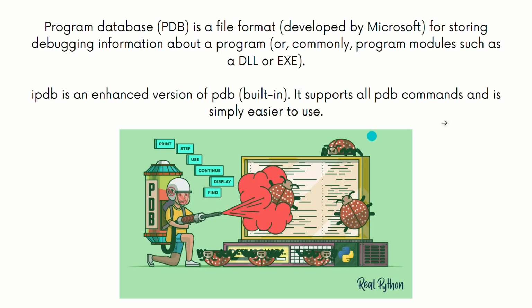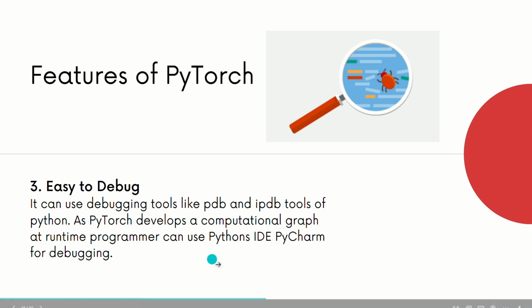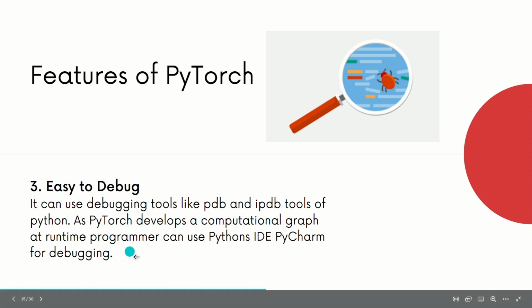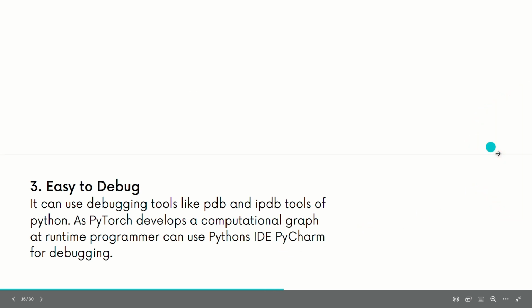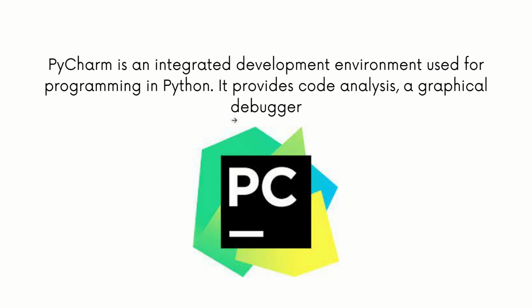We talked about PyCharm in the previous slide, where we said PyTorch develops a computational graph at runtime, and a programmer can use Python IDE PyCharm for debugging. So now PyCharm is an integrated development environment, or IDE, which is used for programming in Python. It provides code analysis and a graphical debugger.